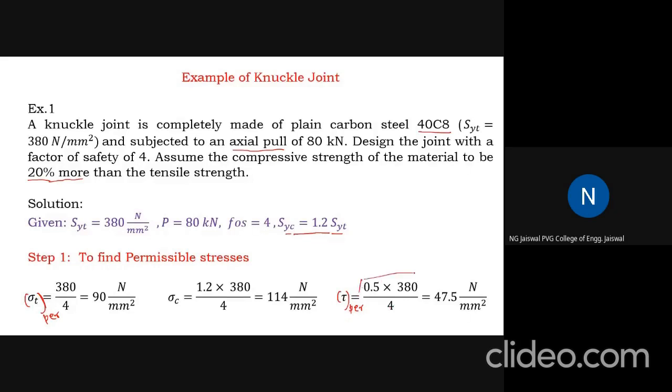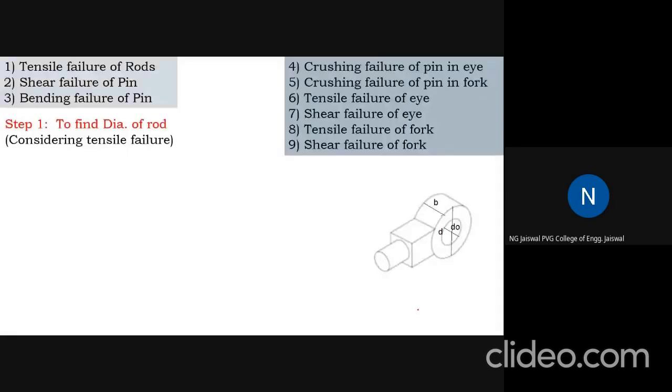In fact, this is nothing but SYS, that is yield strength in shear, because permissible shear stress will be equal to yield strength in shear divided by 4, and yield strength in shear is nothing but 50% of SYT. So accordingly, it comes 47.5 Newton per mm square. Okay. So sigma T, sigma C, and tau permissible values we already found out.